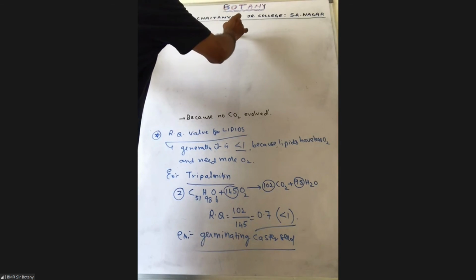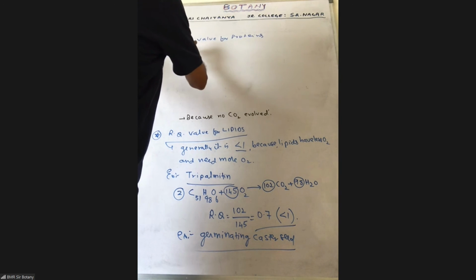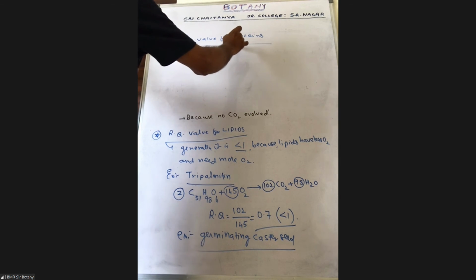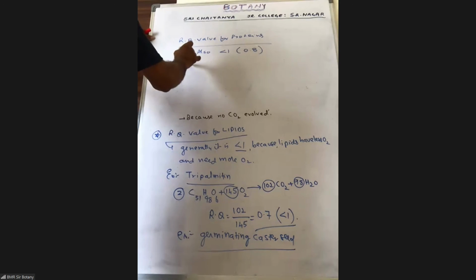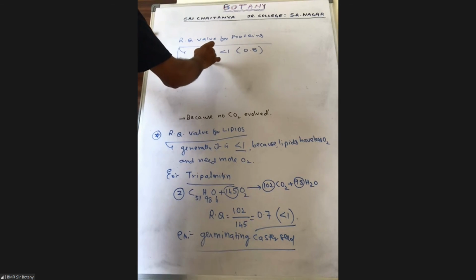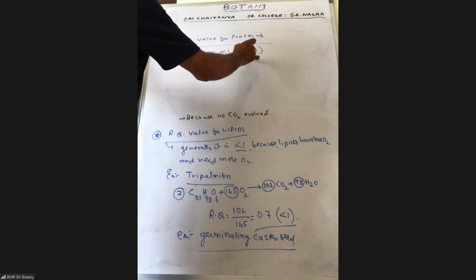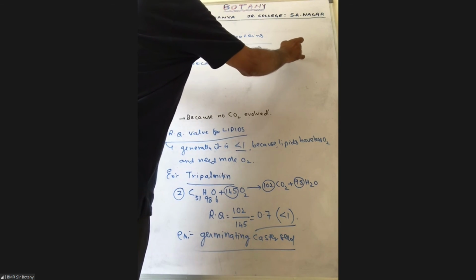RQ value for proteins is also less than 1, around 0.8, because they are poor in oxygen to carbon ratios.